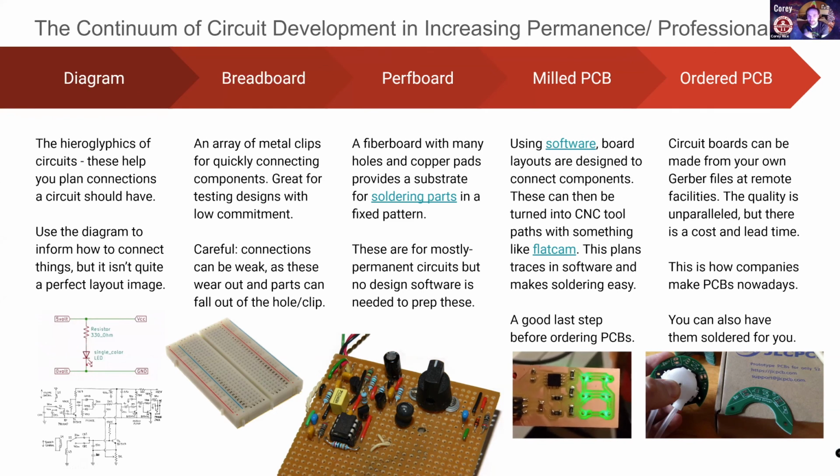You submit a design to them as a series of Gerber files, and they send them back to you as perfectly made boards. You can even pay an upcharge and have them solder components on for you if you choose from their library. It's a nice way to get professionally made boards exactly to your design.